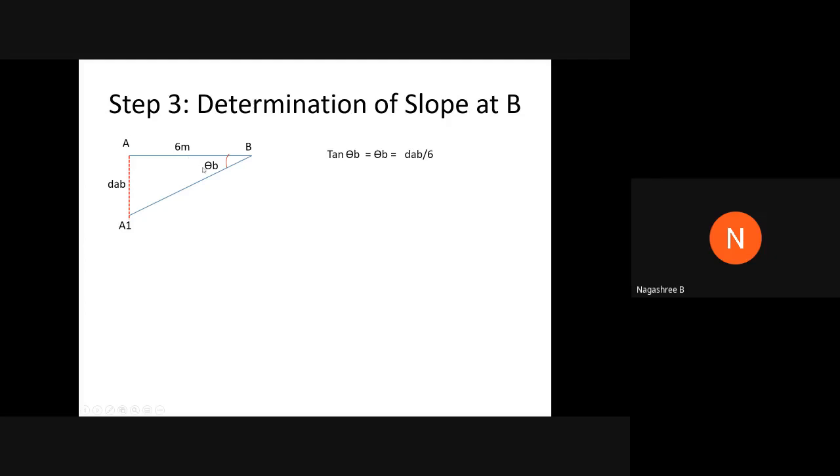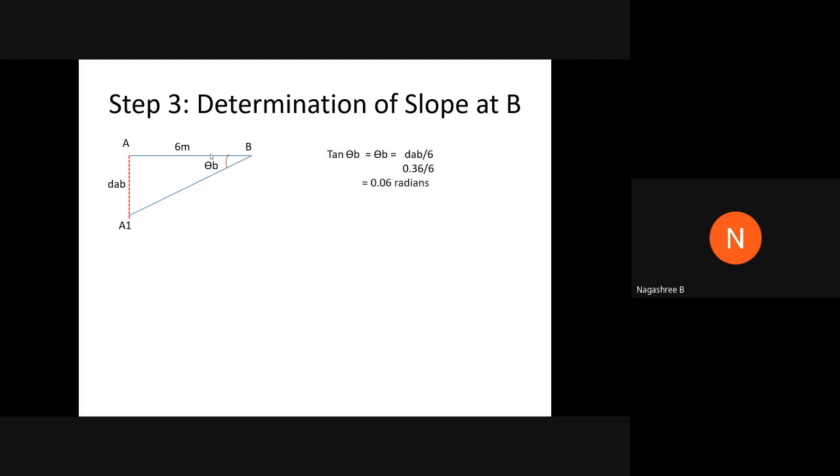So in the previous slide, we got the deflection as 0.36 meter, which is very small. Since it is very small, I can take tan theta B as equal to theta B itself. Therefore, theta B equals delta B, which is 0.36, divided by 6 meters.